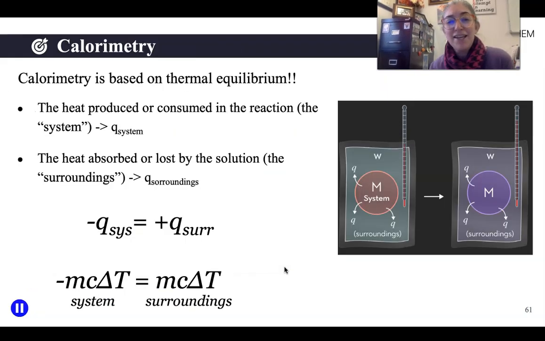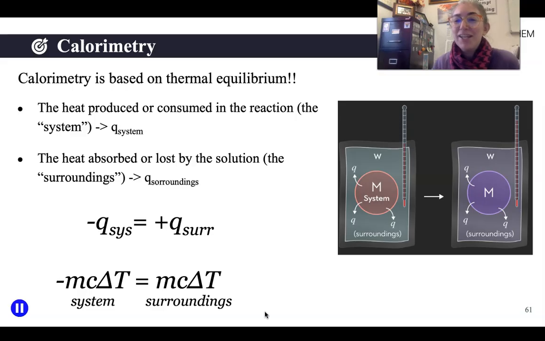And that is essentially how calorimetry works. It's how we measure the heat of different reactions. We basically conduct those reactions in a sealed container of water, and we measure the temperature change of the water. The heat that is gained or lost by that water represents the heat that is lost or gained by that chemical reaction.